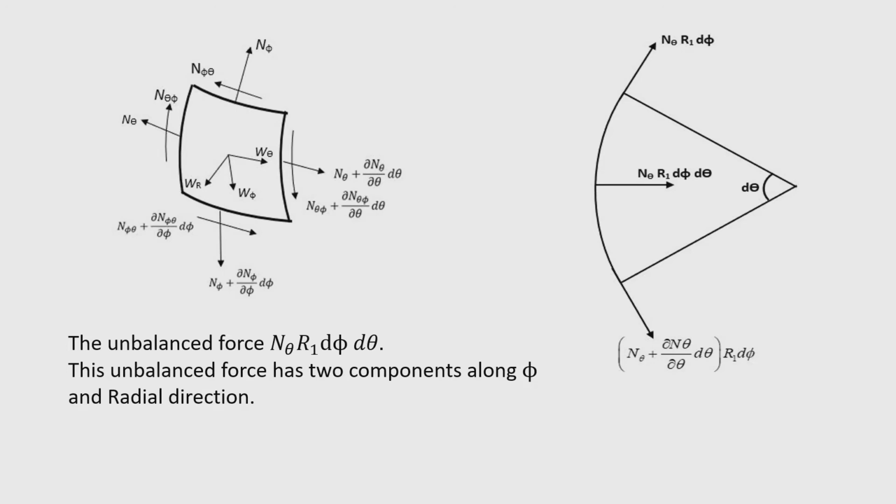This unbalanced force has two components along phi direction. Phi direction is the direction along the tangent to the meridian, and radial direction is the direction along the normal to the tangent to the meridian.